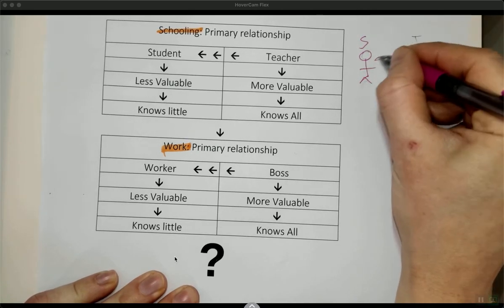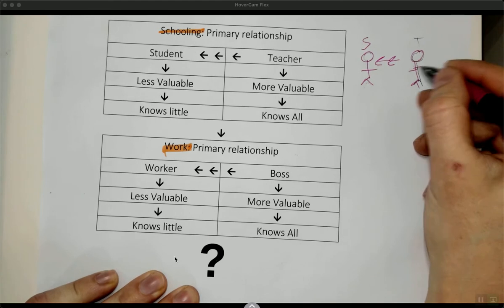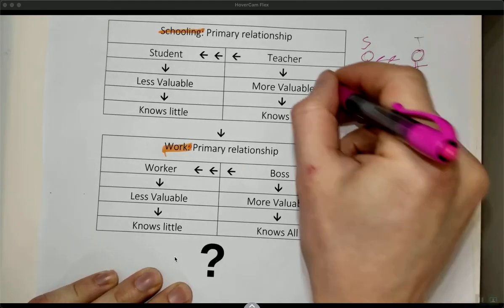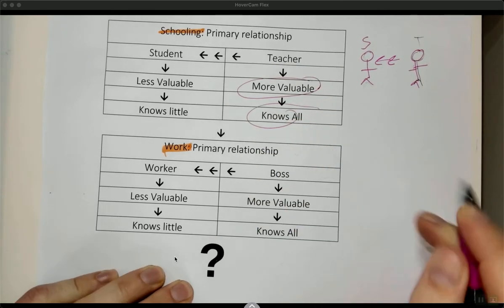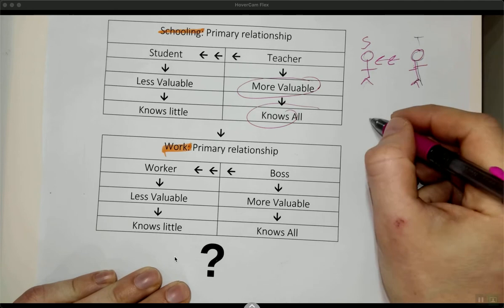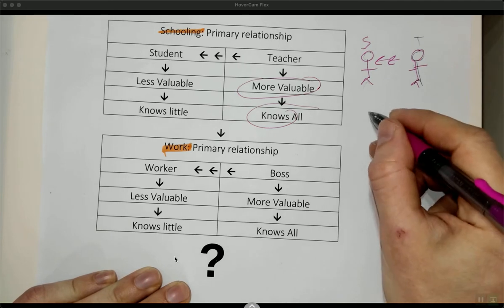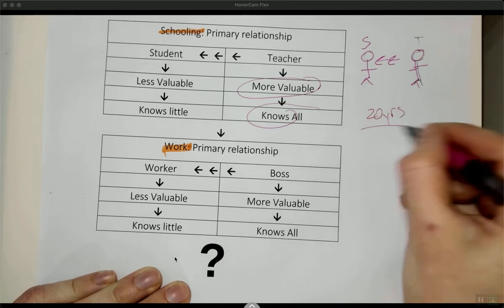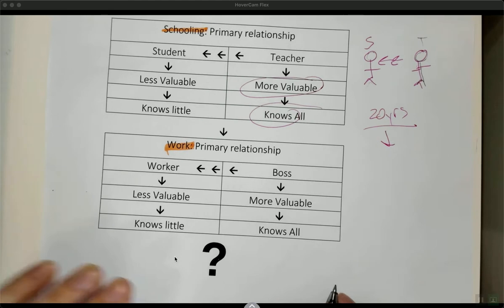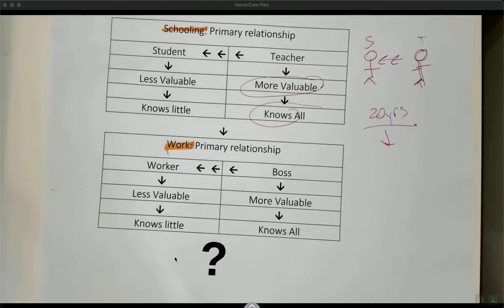We see here the interaction goes one way. The teacher is more valuable, knows more. So like I said, if we've been doing this for almost 20 years of our life, what does that result in? We think then of how that transfers into the workplace.